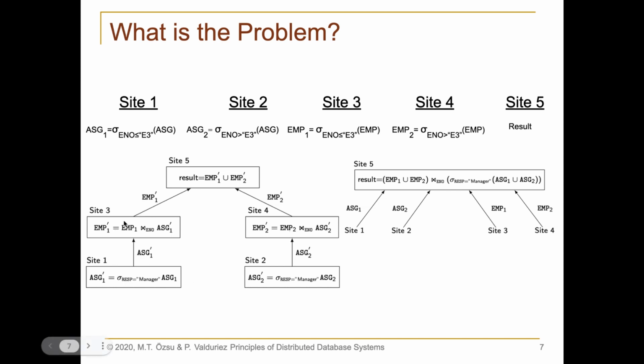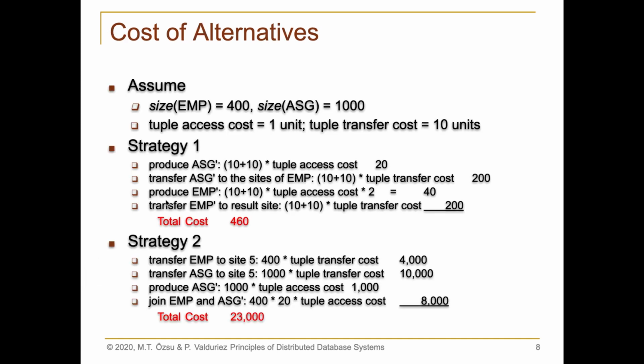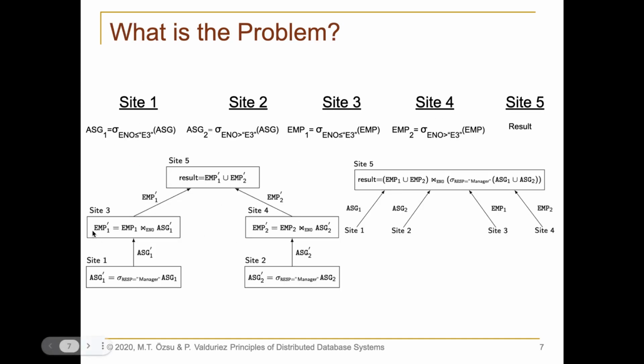So in this case, the next step of execution performs the equi-join between employee 1 and assignment 1 prime at site 3, and in site 4 it performs the equi-join between employee 2 and assignment 2 prime by using employee number as a join attribute. And finally, this operation produces employee 1 prime and employee 2 prime. So the union of these two sub-relations yields employee prime.